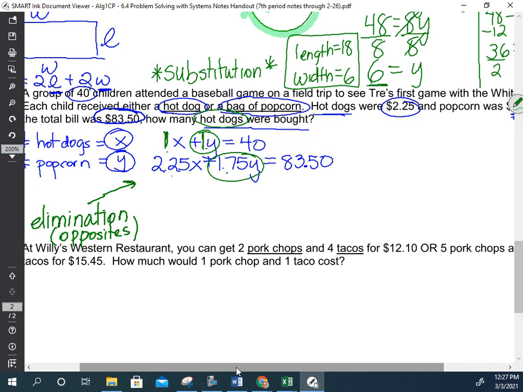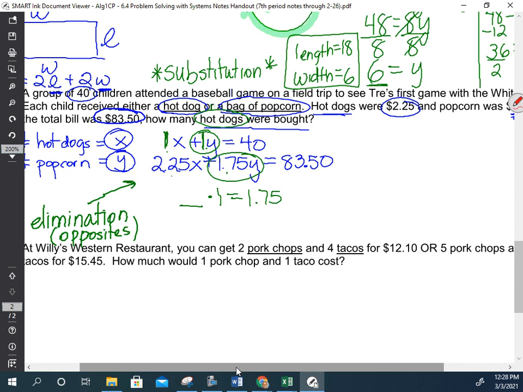Since they're not the same number, what can I multiply times 1 and get 1.75? 1.75, but it has to be negative because you need opposites.